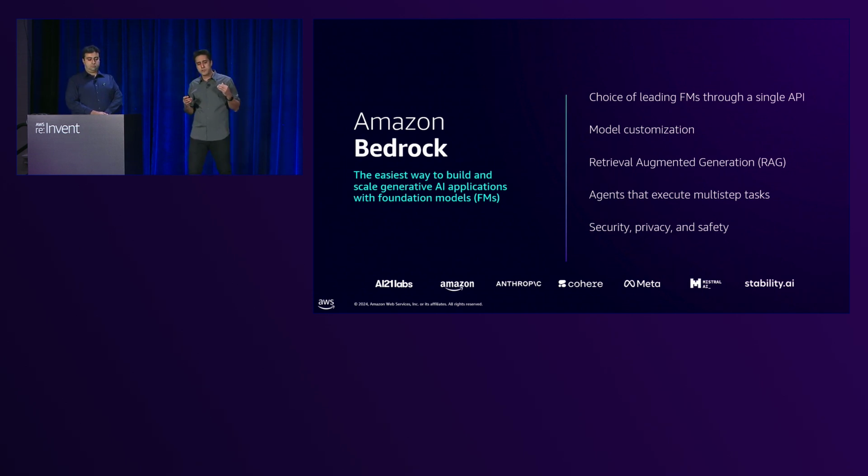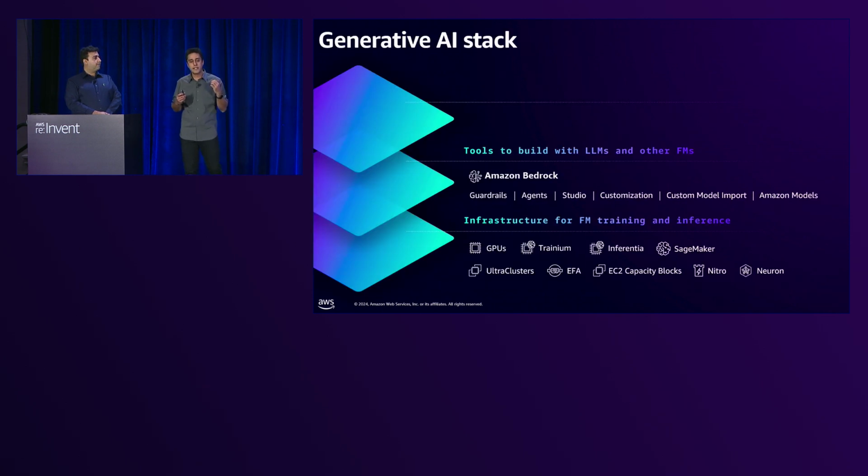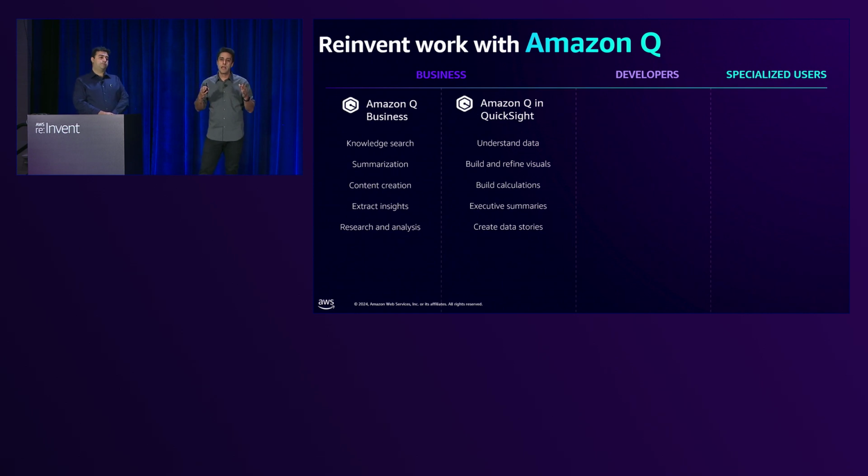Now, a little higher in the stack, if you want to have pre-built applications, an AI assistant within your application, Amazon Q is there. For business users, Amazon Q Business helps you create an AI-based chat assistant based on your enterprise data. For analytical work, you can use Amazon Q in QuickSight and query with natural language.